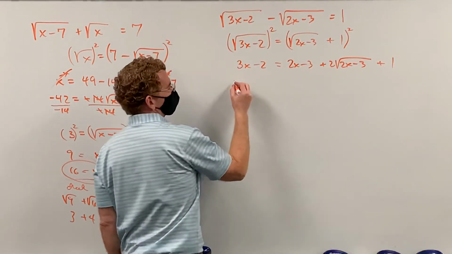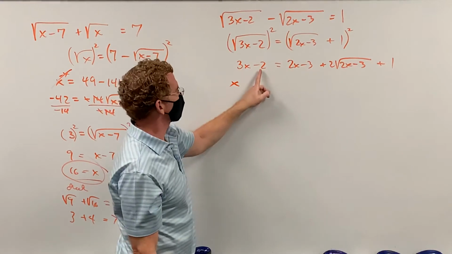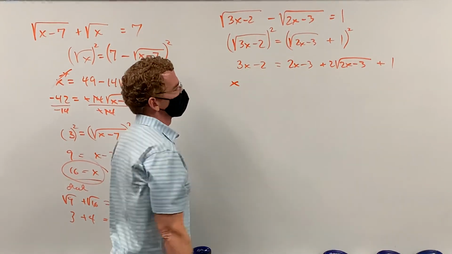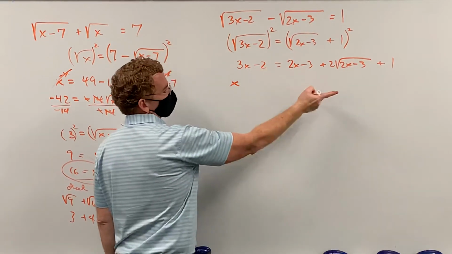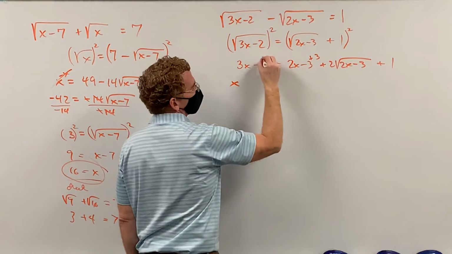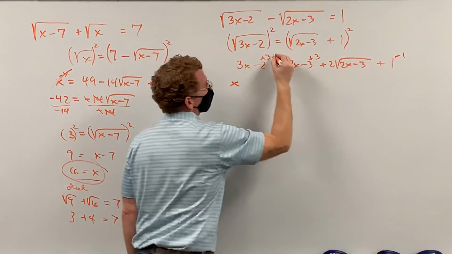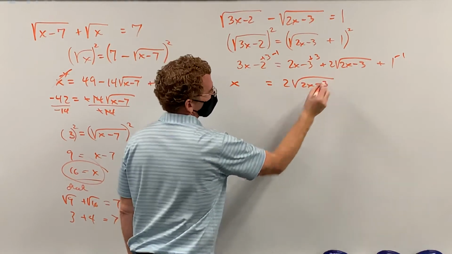So minus the 2x gives you an x. x plus 2. Adding the 3 and subtracting that gives you what? 1. Yeah, 1, and then the plus the other 1 on the other side, so x plus 2. No, I'm adding the 3 and subtracting the 1. Subtracting, yeah. So just x, right? x equals 2 root 2x minus 3.